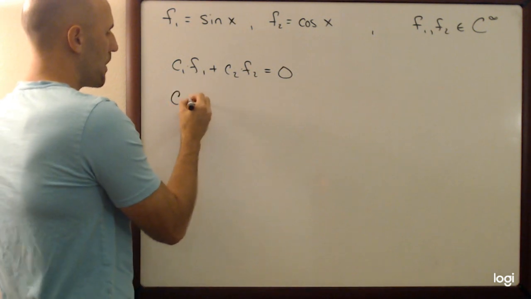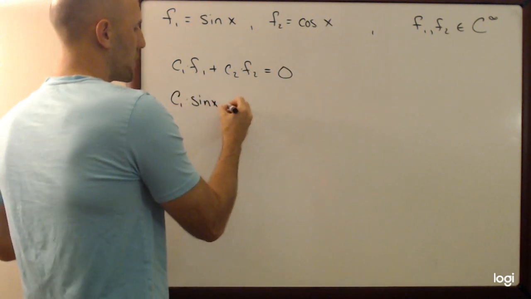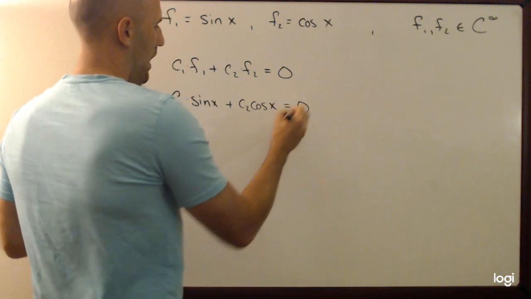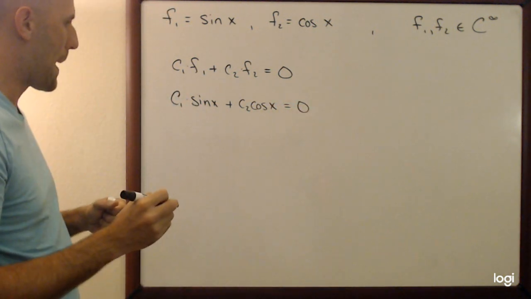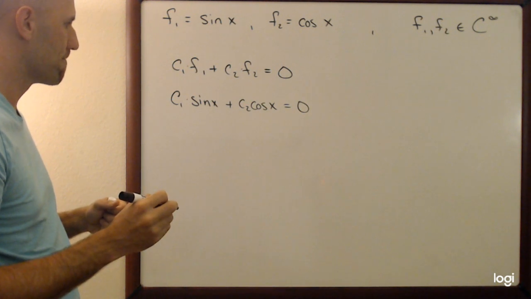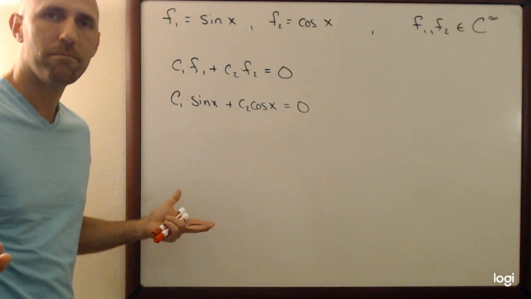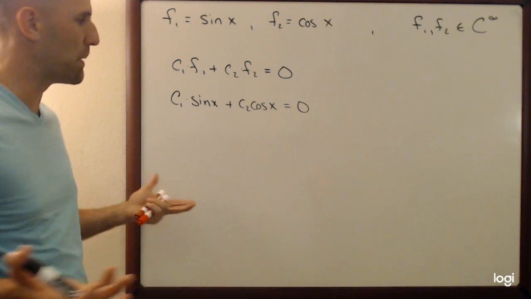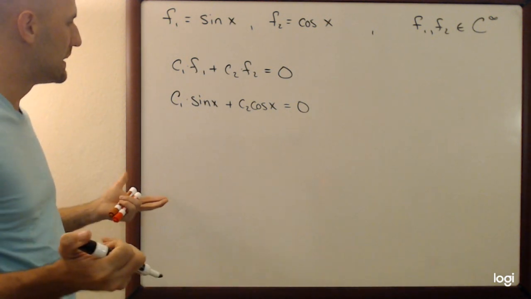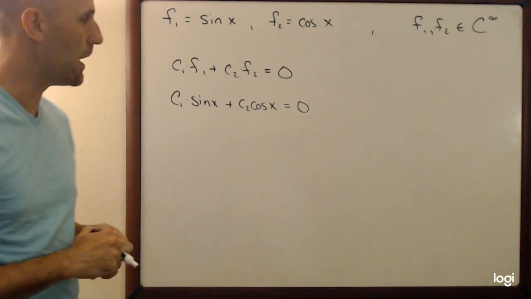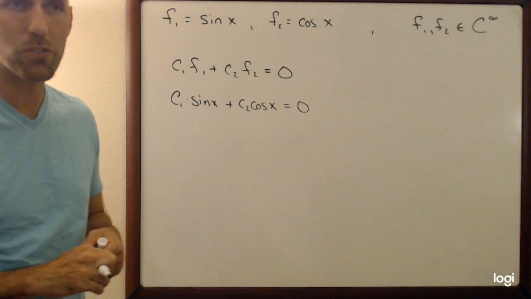So I've got C1 times sine of x plus C2 times cosine of x equals 0. How do I know they have to be 0? I have no way to solve this. There's just not enough information here to do it.